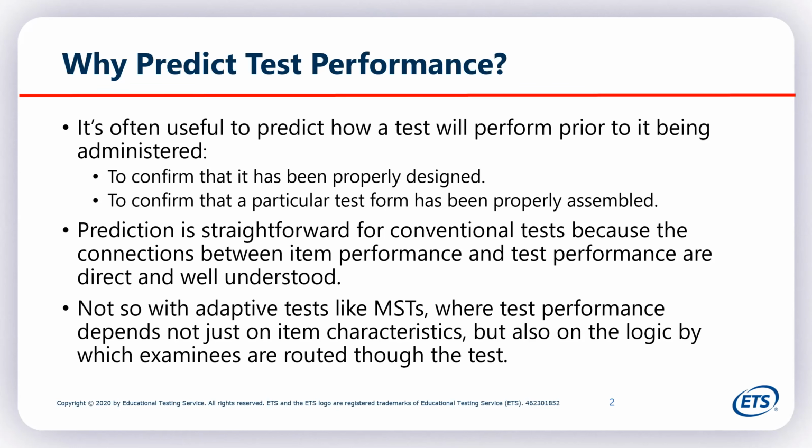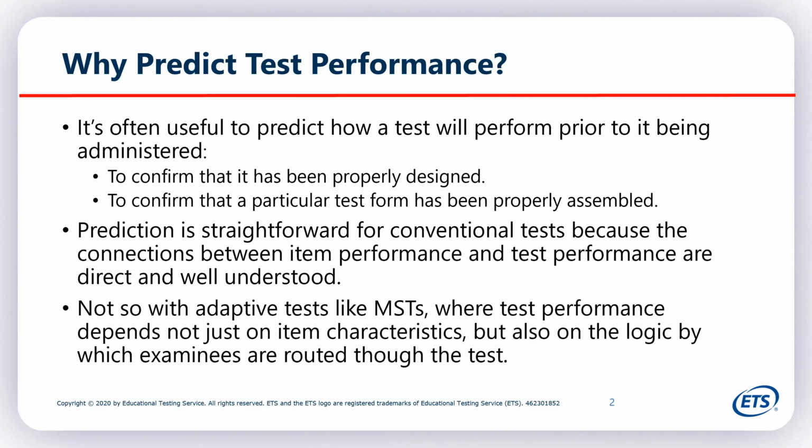Now that assumes that the item statistics, the things we use to characterize the items, have been estimated from essentially our target examinee population, so that there's some level of consistency there.